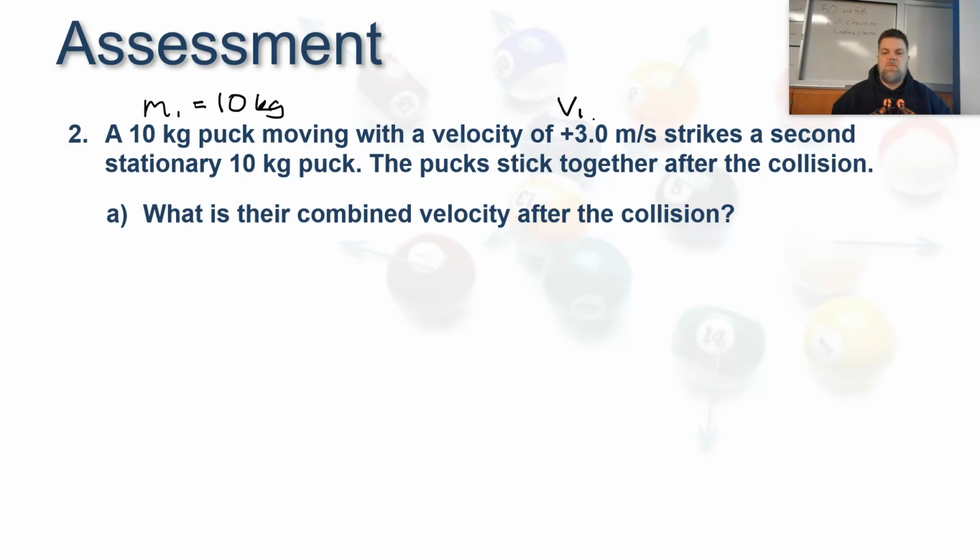So this is V1 initial, that equals positive 3 meters per second. It strikes a second stationary object. Stationary tells me that the velocity is 0. And then the mass of the second object is equal to 10 kilograms.